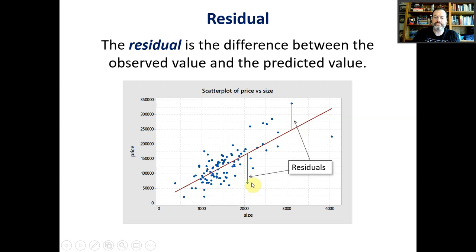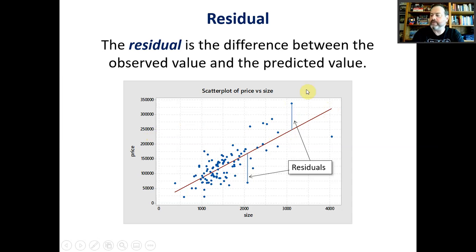We predicted it would cost $168,000. In reality, it costs a lot less, as you can see. Over here, we have a 3,110 square foot house, and you can see that we predicted that it would cost about $248,000. But it certainly costs a lot more.